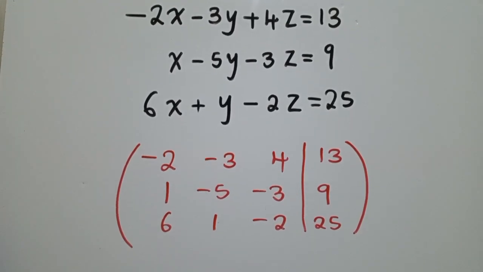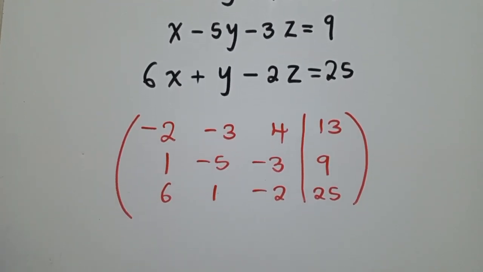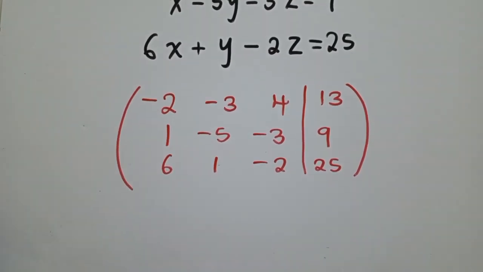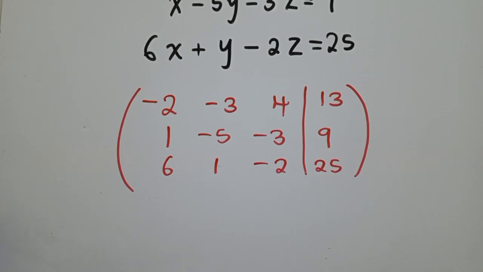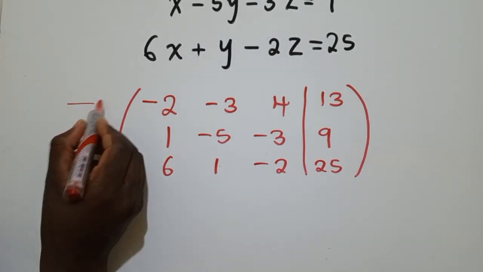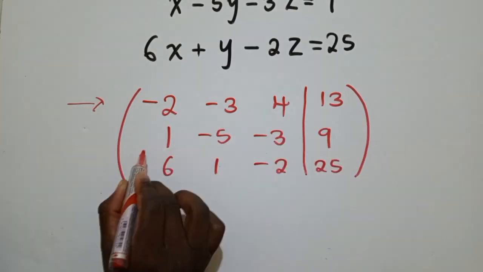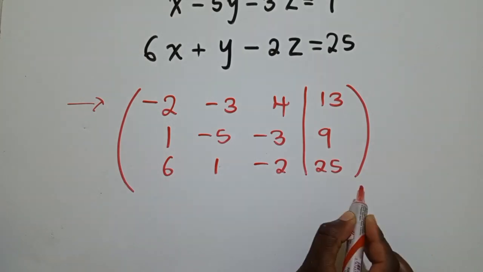After forming this matrix, we are now going to reduce it. In reducing it, we first need to know that this direction is a row. So this is the first row, second row, and third row.